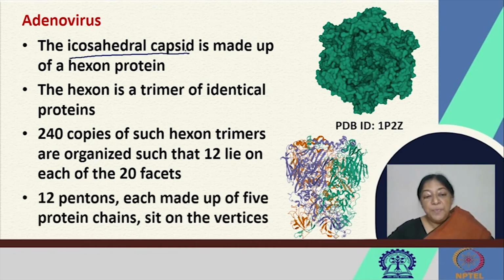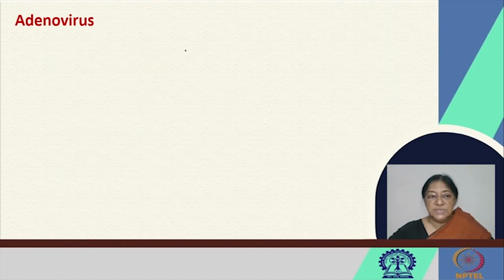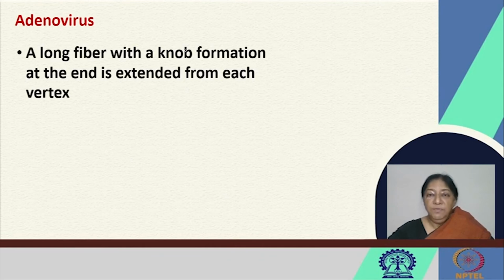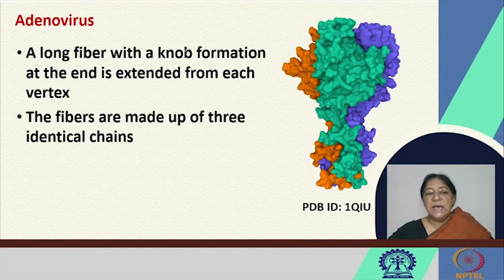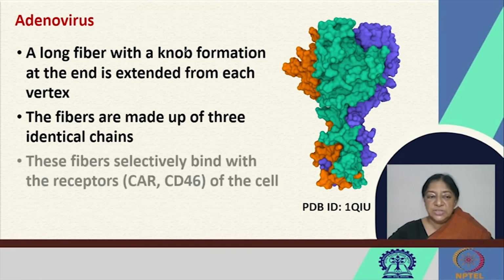Now, there are 12 pentons, each made up of 5 protein chains that sit on the vertices. Then a long fiber with a knob formation at the end is extended from each vertex. This is what it looks like. And these fibers are made up of 3 identical chains.